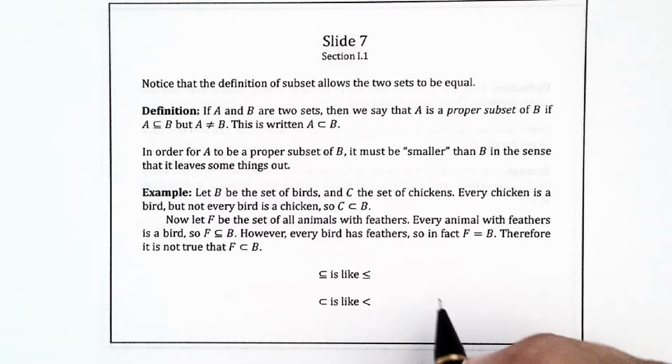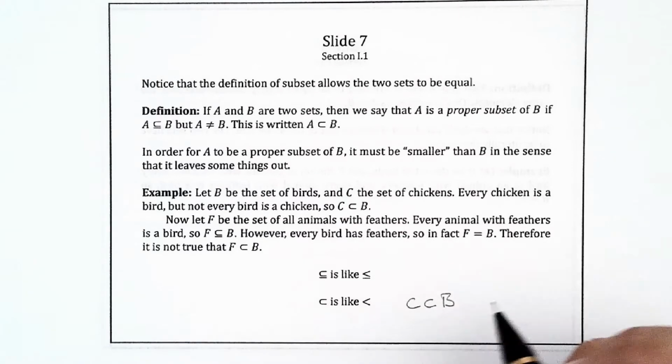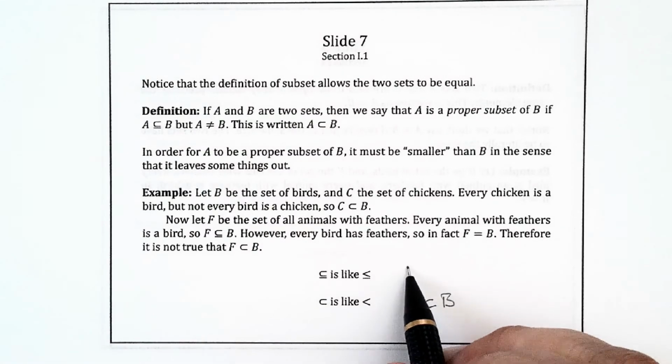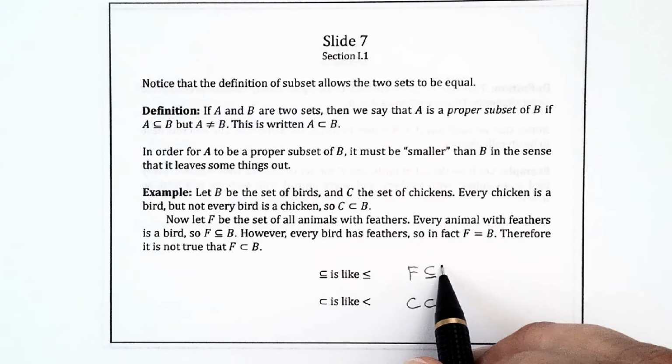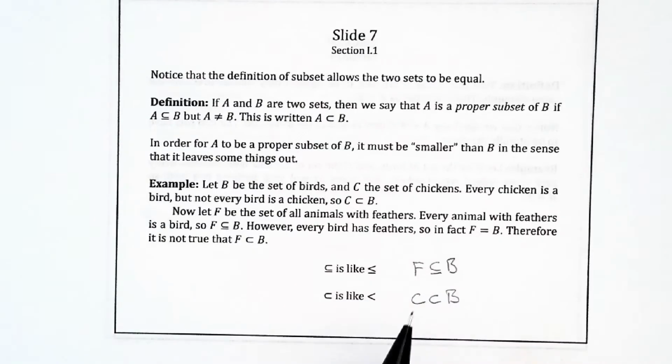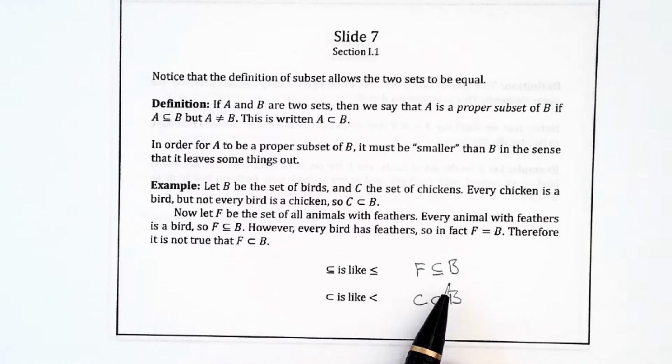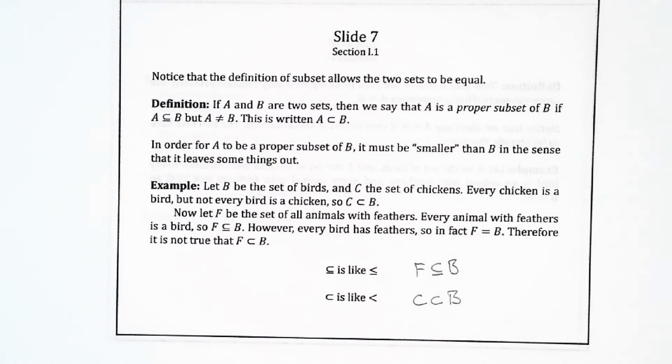So, when I say that C is a proper subset of B, I'm saying not only is C contained inside of B, but it's actually smaller. Okay, when I say that F is a subset of B, which I can certainly do, I'm just saying that F is contained inside of B. I'm not necessarily saying that F is smaller than B, and in this case it's not.